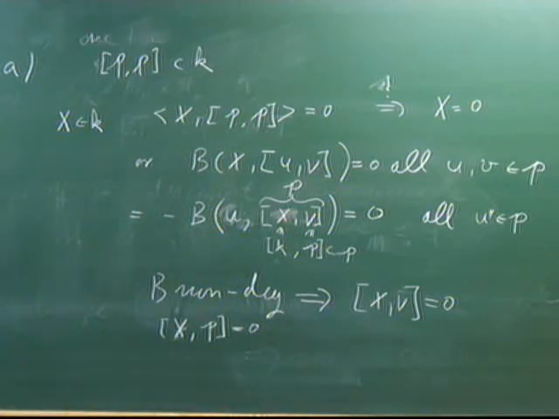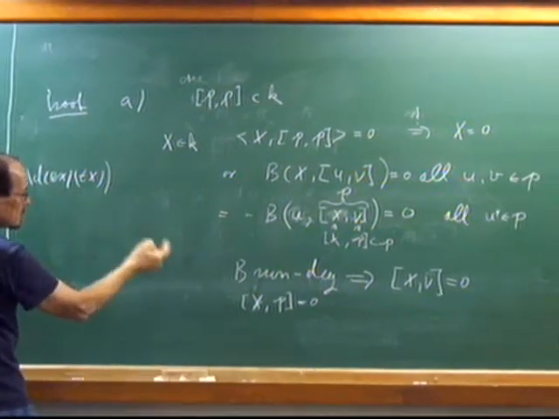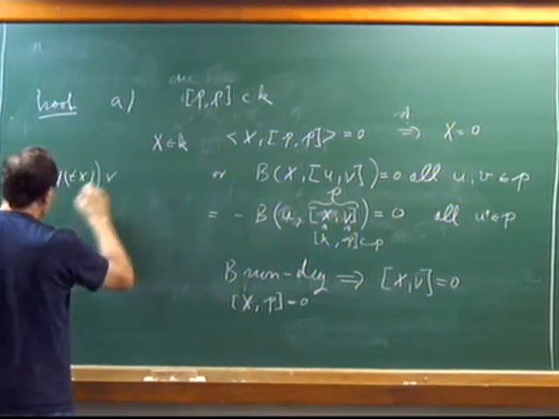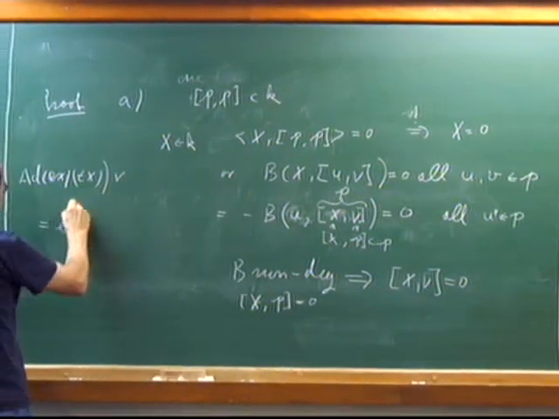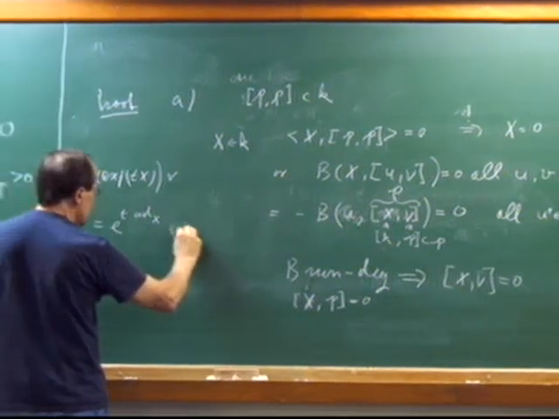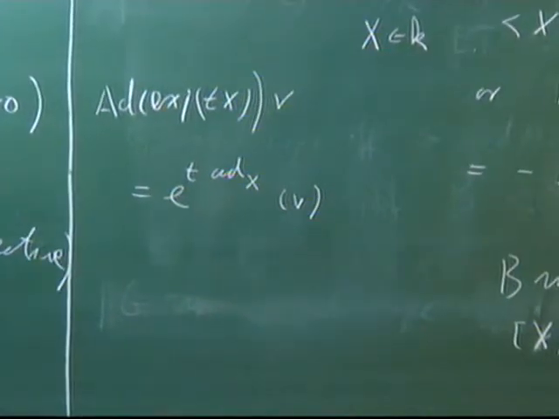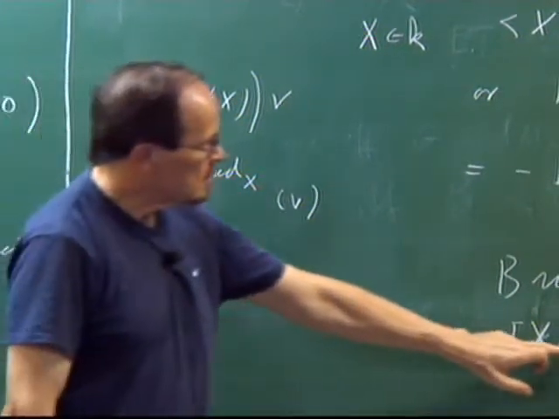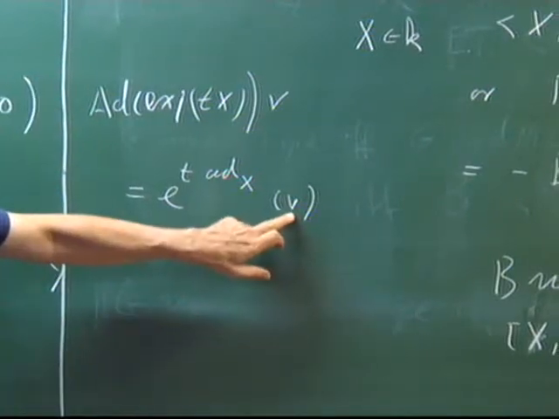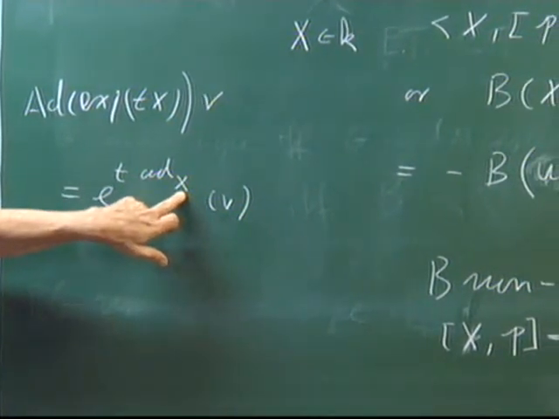So now I can use one of our identities. I can say that, well, then adjoint of x tx applied to the thing in P, so applied to V. This was e to the t ad x applied to V. So brackets of x with anything in P are 0. V lies in P. This is a power series where I could take repeated Lie brackets with x.